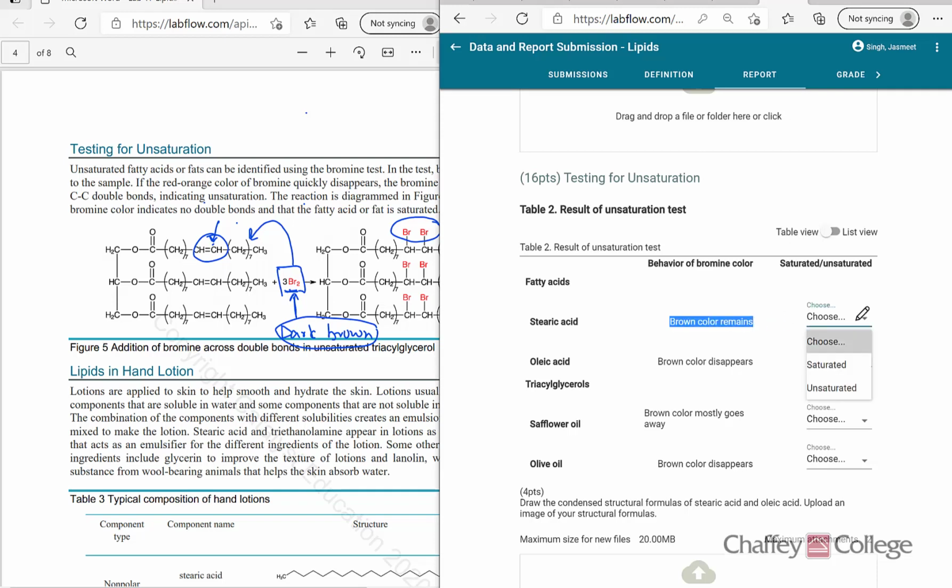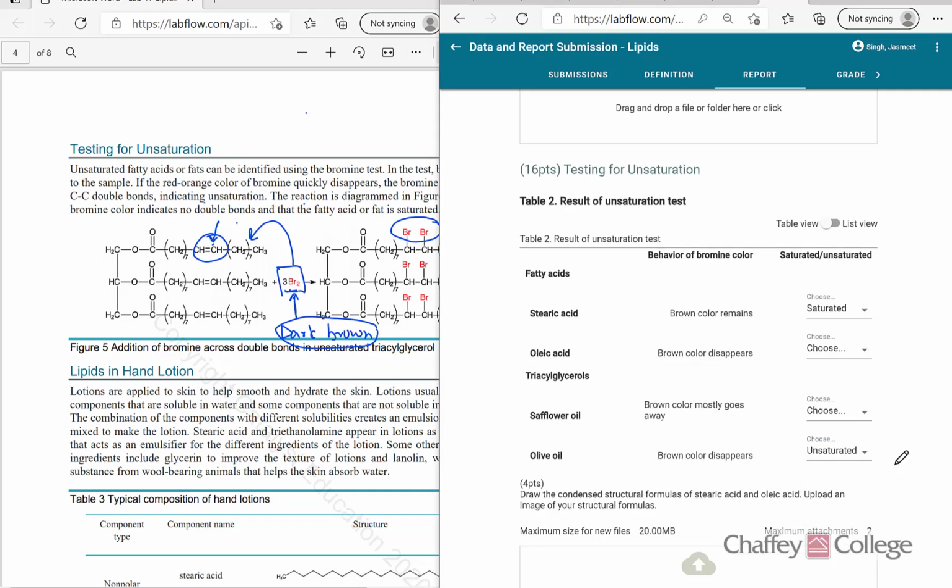That means it is saturated. Only an unsaturated fatty acid will make the color of bromine disappear. For example, with olive oil, the brown color disappears, which means that olive oil does contain a double bond, hence olive oil is unsaturated.